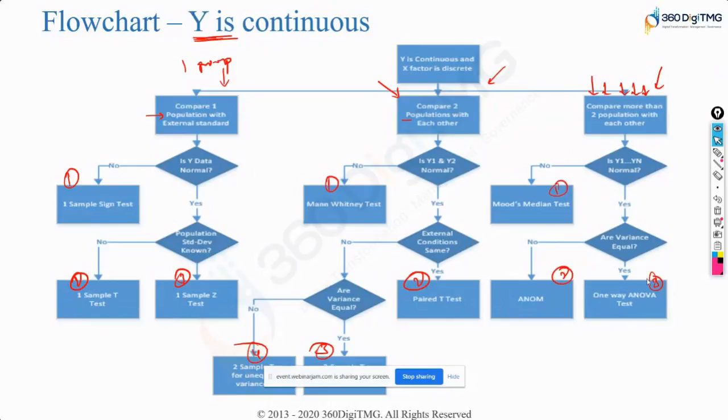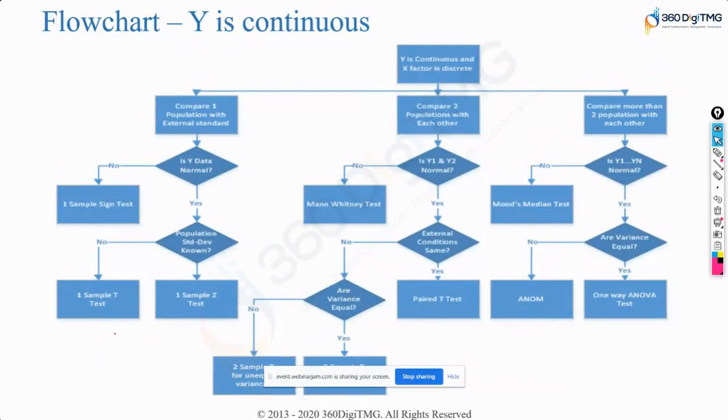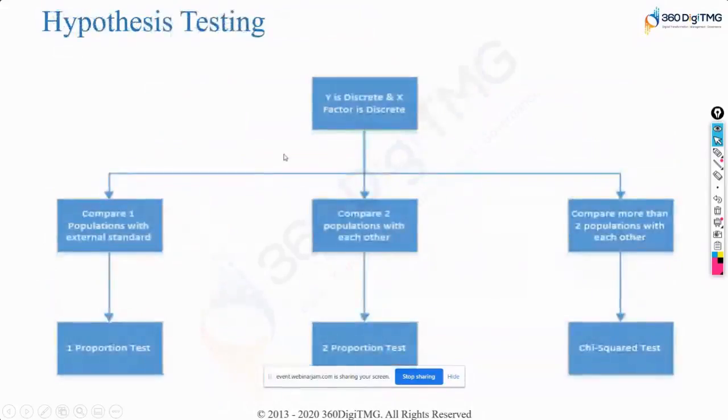So in total I have 3 plus 3 is 6, plus 4, 10 tests covered here. This is not the exhaustive list, but this is the flowchart generally that is followed. And we also have different variations of the same tests as well. Different scientists came up with different tests. So let's look into an example and try to follow this flowchart and understand how the business problems are solved.